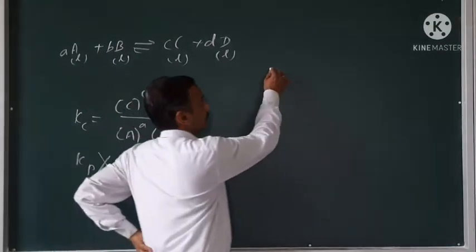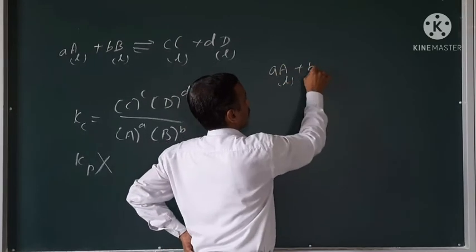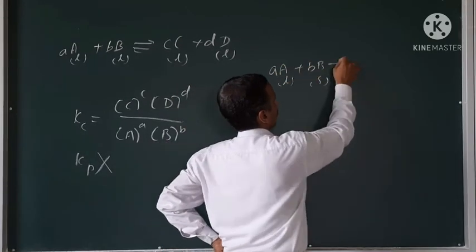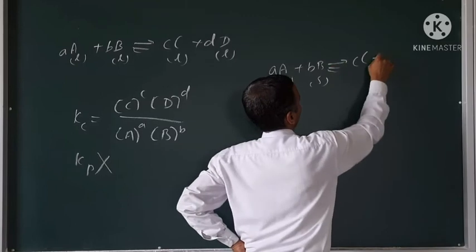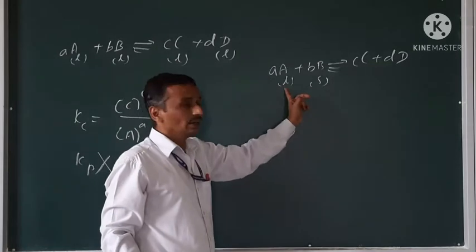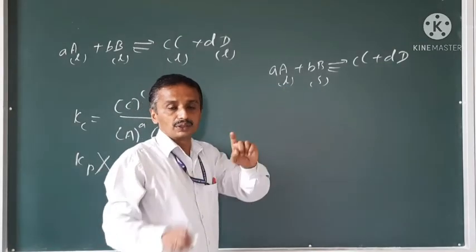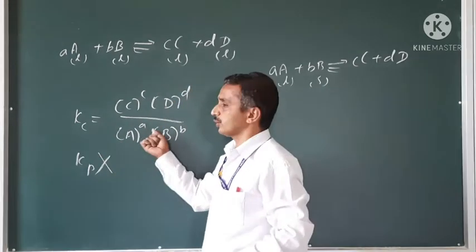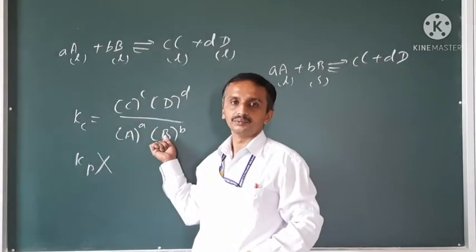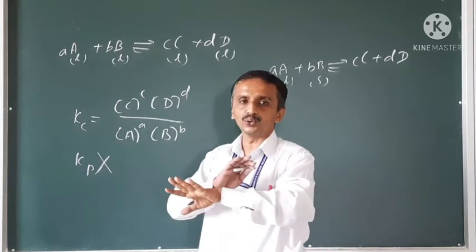But say here, aA liquid plus bB solid giving cC and dD. Then here you should not consider liquid. But if all are liquid, then only you have to consider. Not that one is liquid and the other a gas, then I should not consider that.